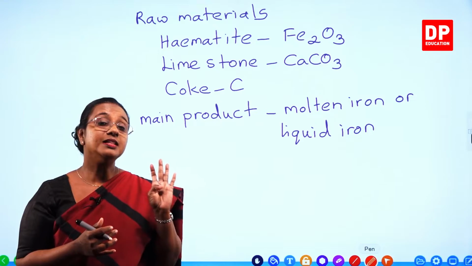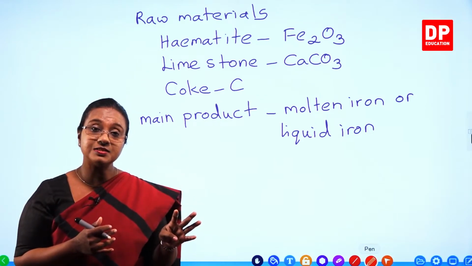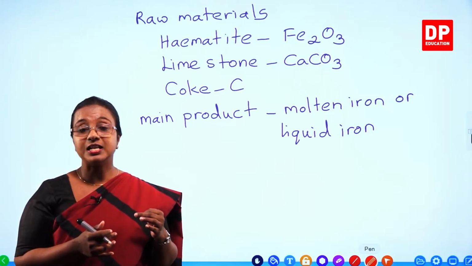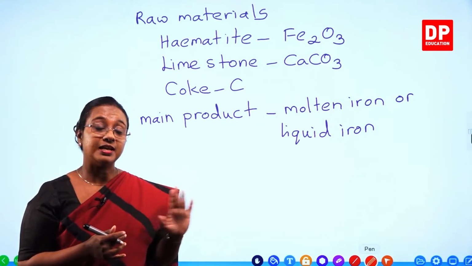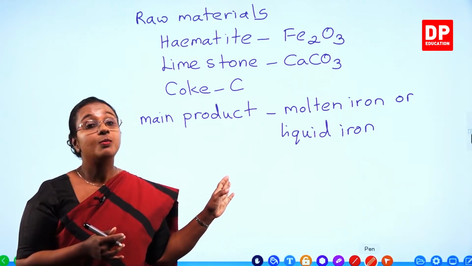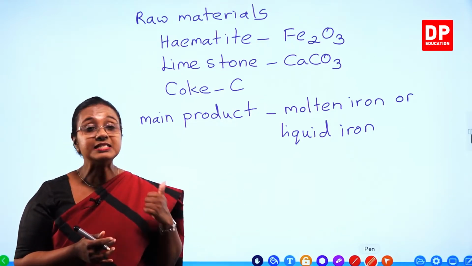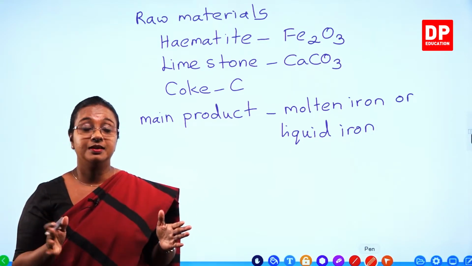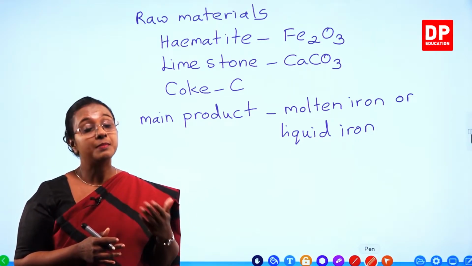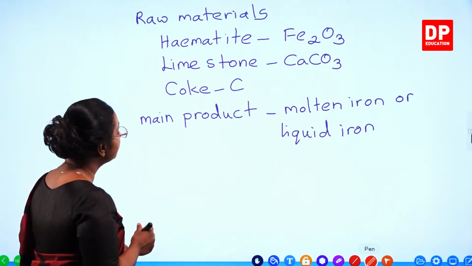So the waste gases, even carbon dioxide inclusive, are a byproduct. In addition to that, I mentioned the slag. What is slag? Calcium aluminate and calcium silicate together. That is also a byproduct. So there are two byproducts.